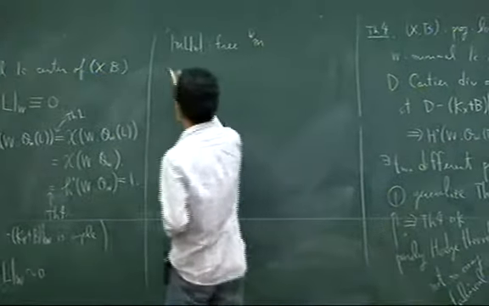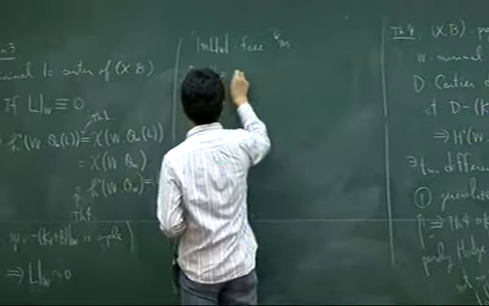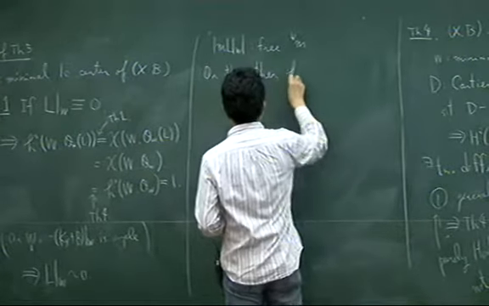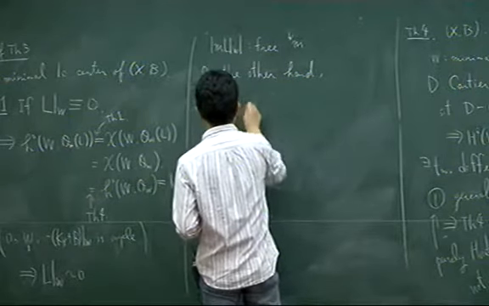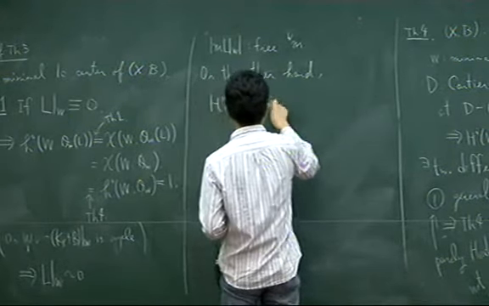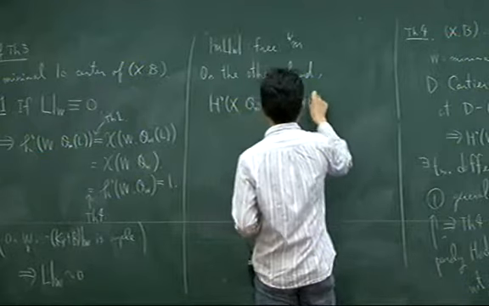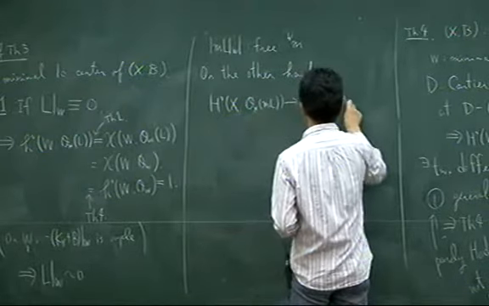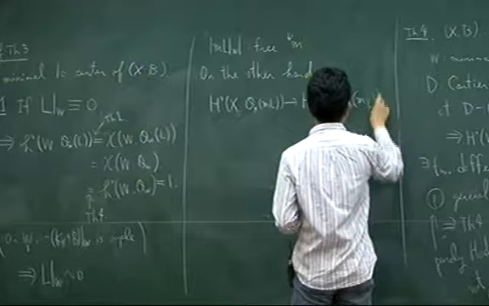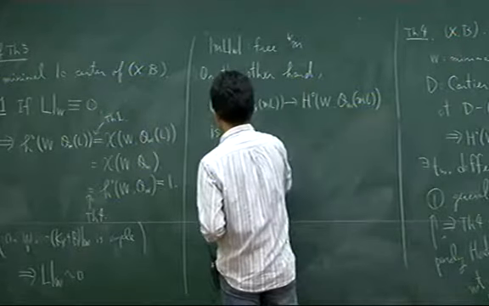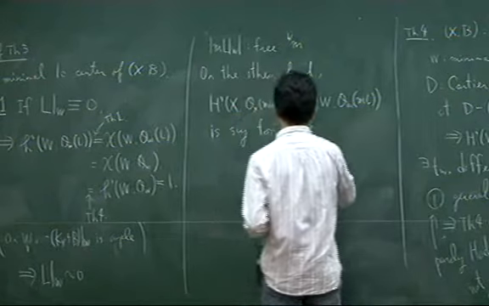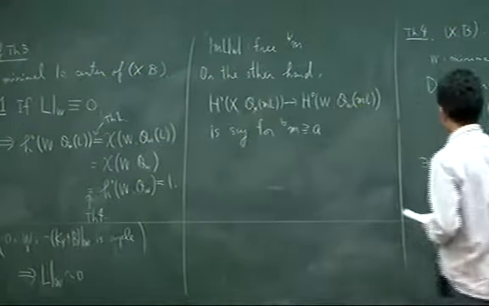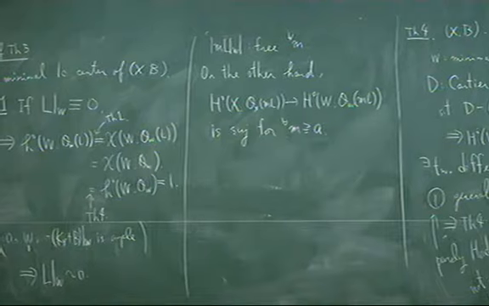On the other hand, the restriction map from H0 X, O_X ML to H0 W, O_W ML is surjective for any m greater than or equal to a. a is this a.